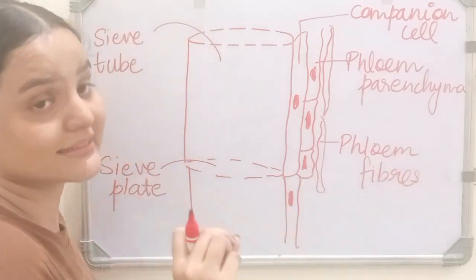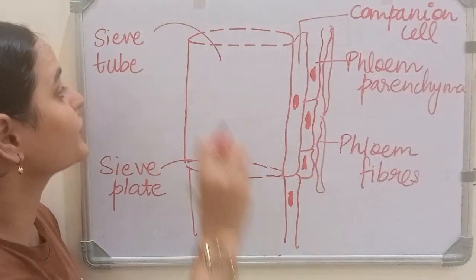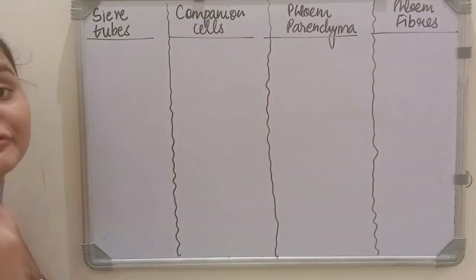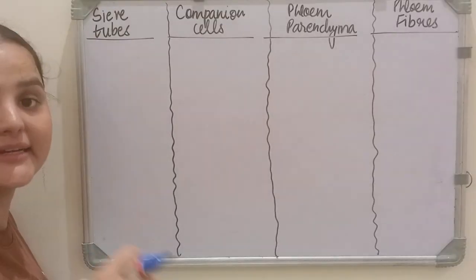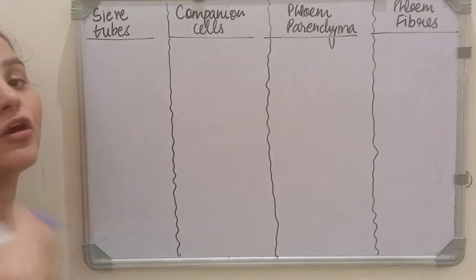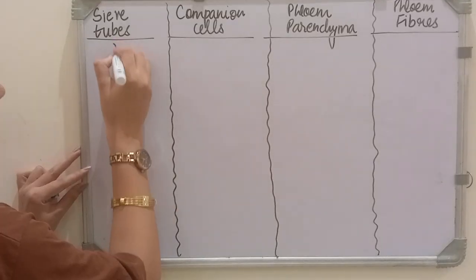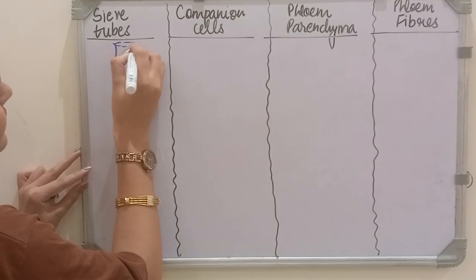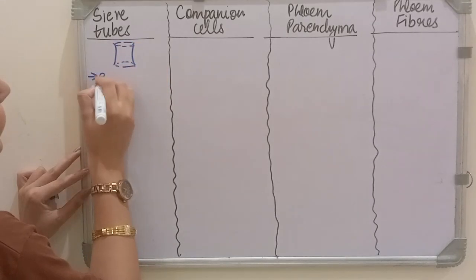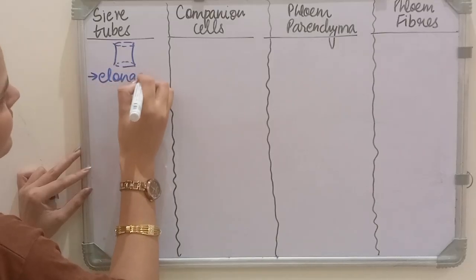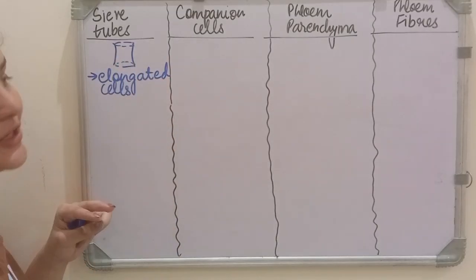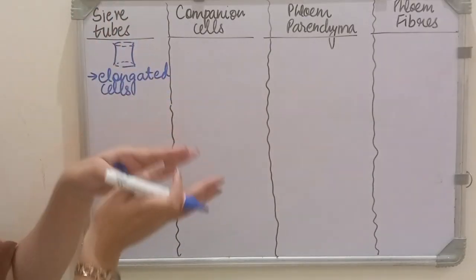Okay, now let's study in detail about these components and their function. Sieve tubes are elongated cells that are placed end to end forming a long tube. This is how the sieve tube looks. This is sieve tube, then another sieve tube, then another sieve tube.